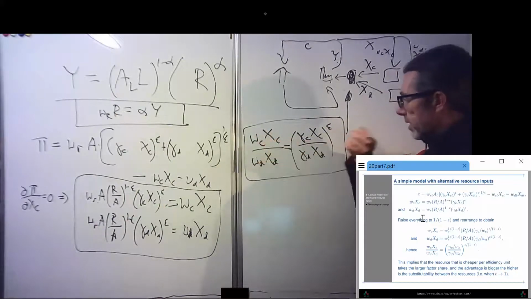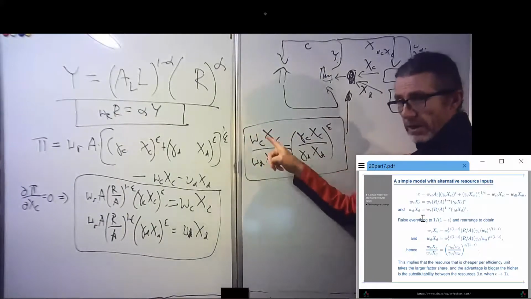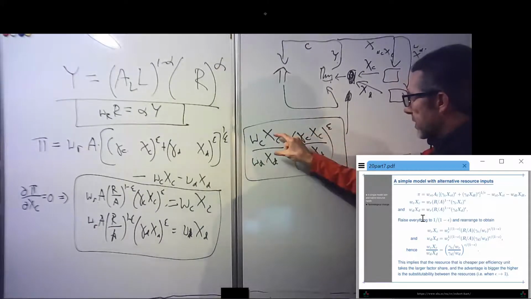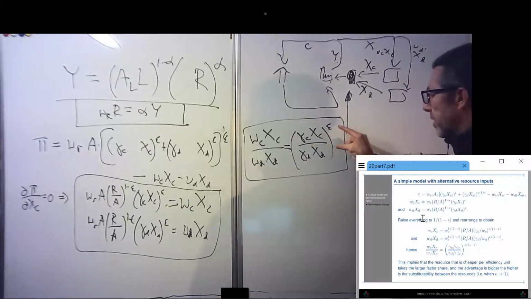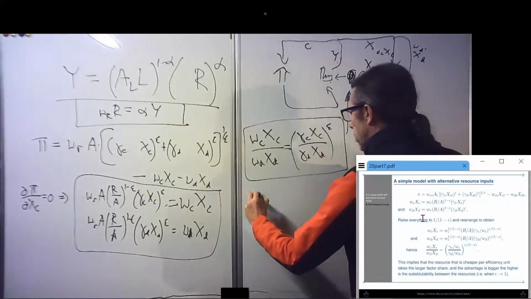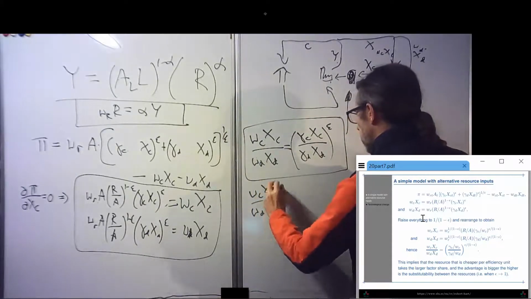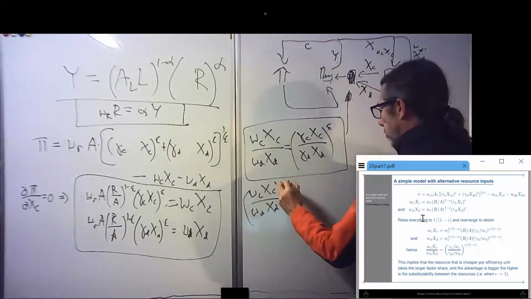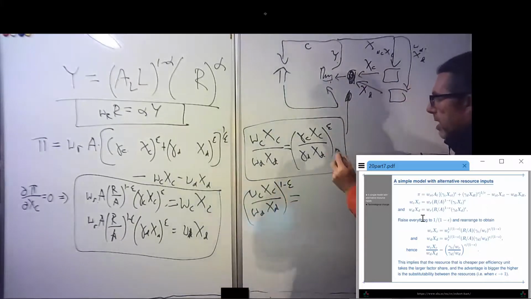But on the other hand, we rather like this factor share thing. So why don't we multiply through by WC XC over WD XD to the minus epsilon. Then we end up with WC XC over WD XD to the 1, and then we multiply through by that to the minus epsilon. So we get that here.